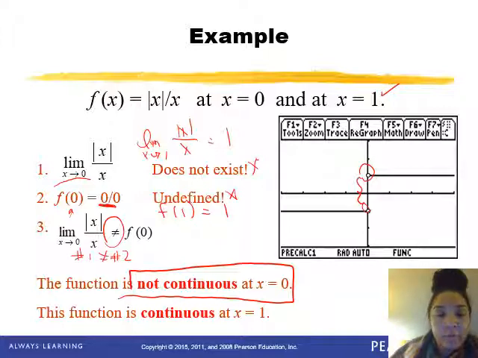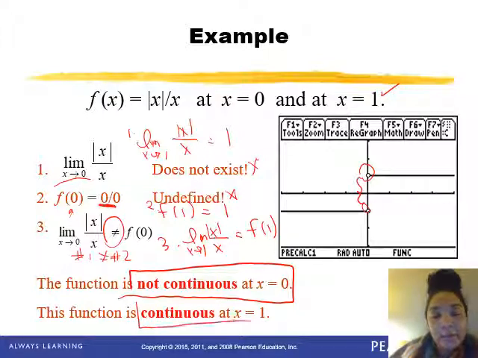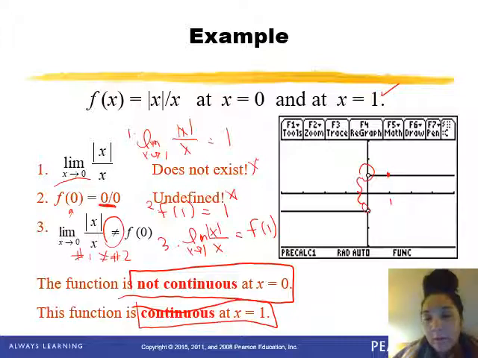And so therefore, this is 1, this is 2, and this is 3. The limit as x approaches 1 of the absolute value of x over x is equal to f of 1. And so you can see that it is continuous as x approaches 1, and this is 1 right here, and that's this little spot. So you can see it's continuous, but it's definitely not continuous at 0.